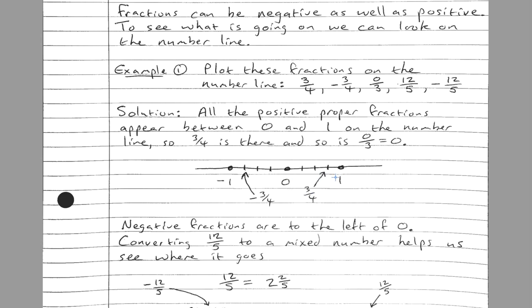For 3/4, that's here. So just dividing the length between 0 and 1 into 4 equal pieces. It's like having a rectangle here. So 1/4, 2/4, 3/4 is here.